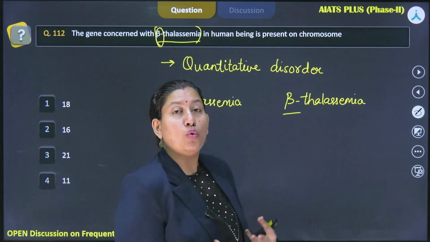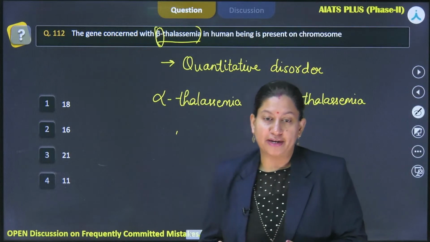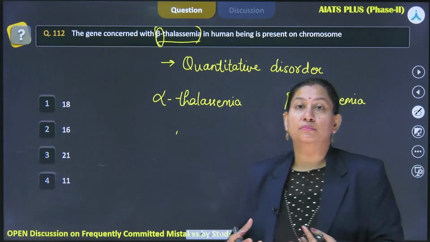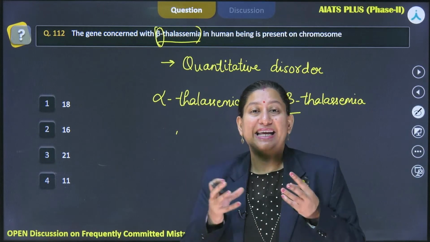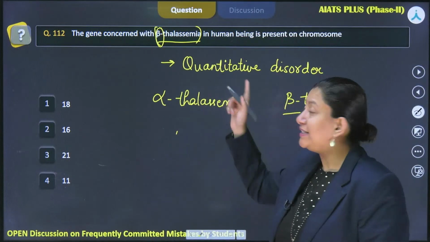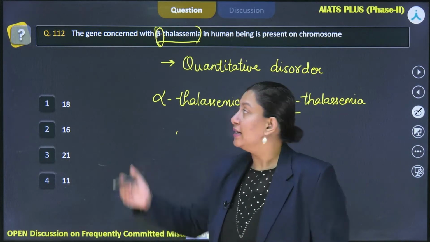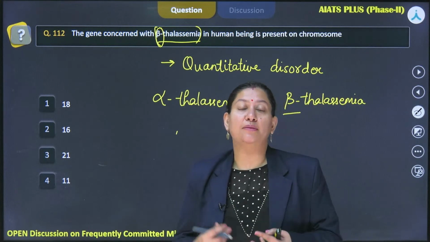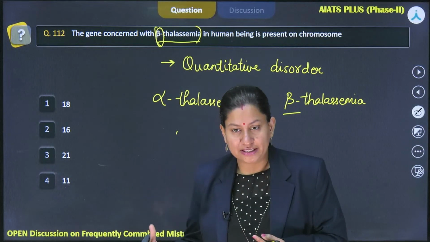Over there, the quantity of globin chain is not at all affected. Rather, there will be synthesis of an incorrectly functioning globin molecule. Over there also, the beta chain is being affected. Here, in beta thalassemia, there is reduced synthesis, while in sickle cell there is an incorrectly functioning beta globin chain, right?